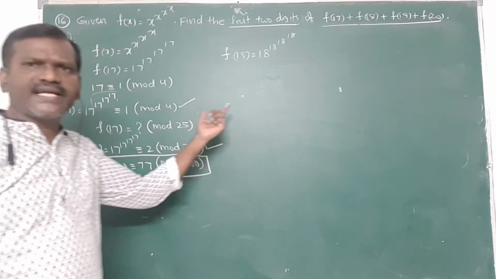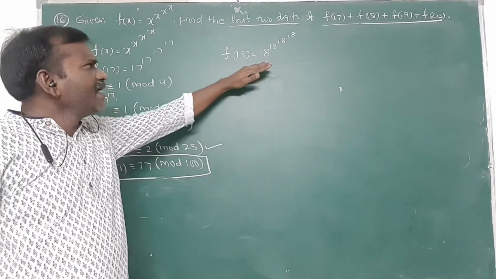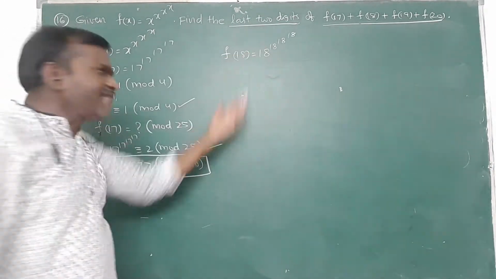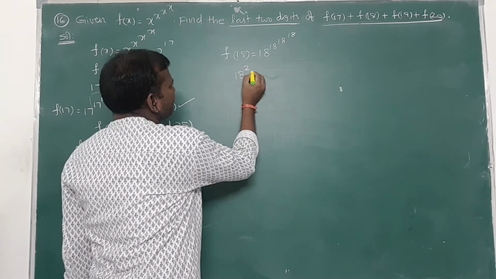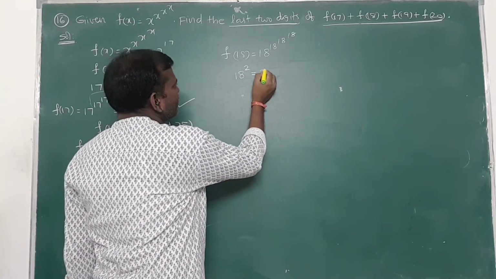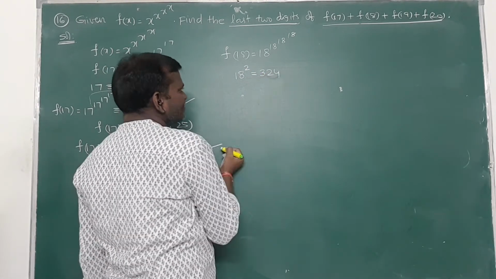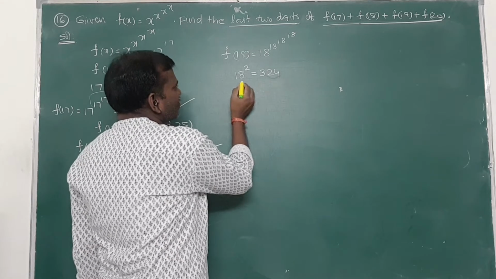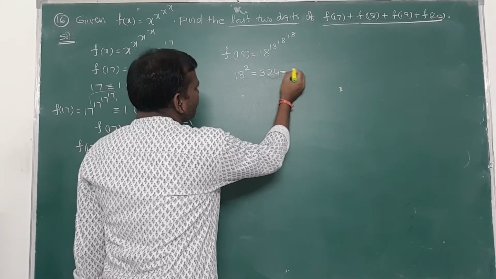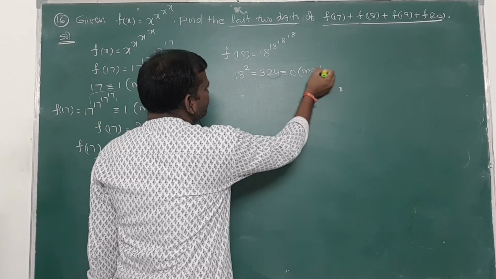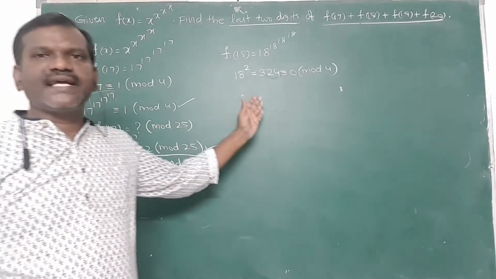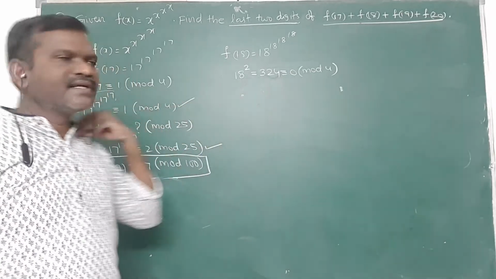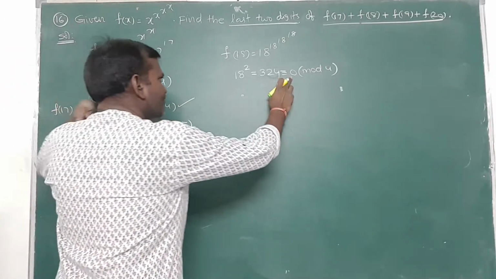Here directly we can do this one. 18 square. 18 square, if I take, 18 square value is how much? 324. 324 leaves a remainder 0 when divided by 4. Am I right? 18 square value 324 is exactly divisible by 4. So this leaves a remainder of 0 here.